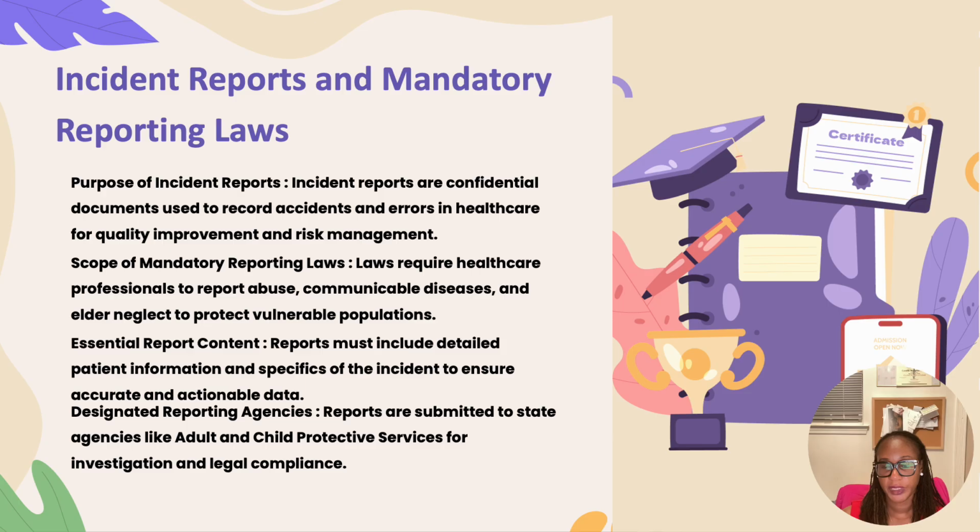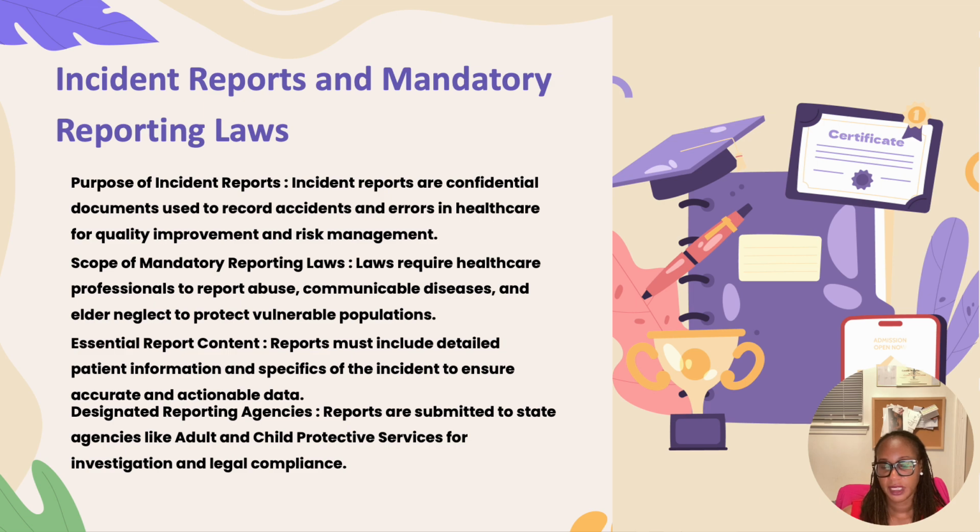What must be reported? Required content of the report usually includes child abuse or neglect, like physical, sexual, or emotional abuse, abandonment, and failure to provide basic needs. For the elderly, abuse or neglect such as financial exploitation, physical harm, poor hygiene, and malnourishment.